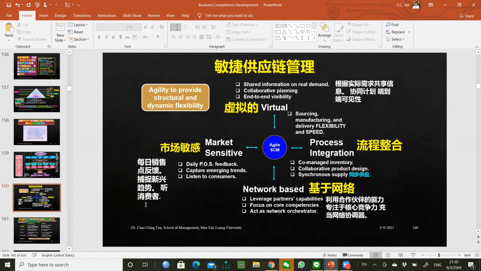And agility, as I've already explained, if you want to make your supply chain agile, make sure that you incorporate all these 4 characteristics, pivot across these 4 characteristics in your design of operations. One of them is the data transparency and utilization feature. And the second one is make sure that you are ambidextrous in terms of process integration and market sensitivity. And also, because of the supply chain, make sure that you are network based.